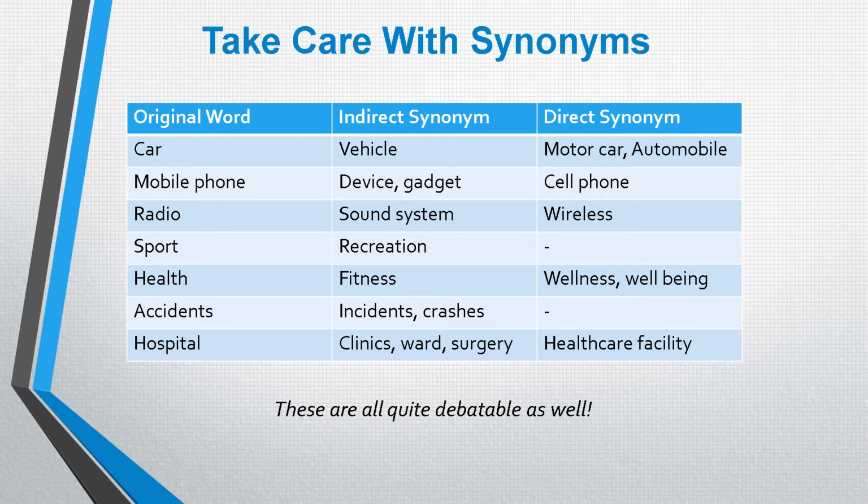And finally, hospital, an indirect synonym might be clinic, ward, or surgery, because really they could all be different parts of a hospital. A direct synonym would be healthcare facility. That's much more accurate. So be aware that when you're using synonyms, you need to choose ones that are direct and avoid indirect synonyms, because it will give a different meaning to your sentence.